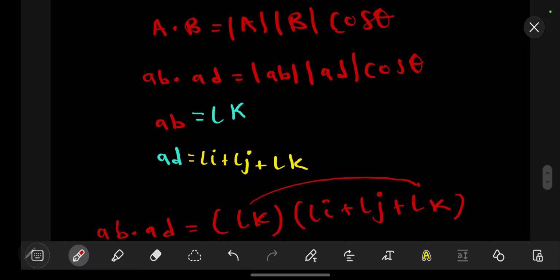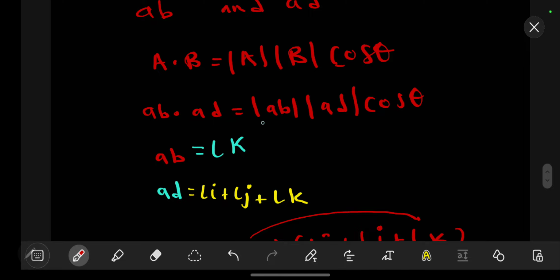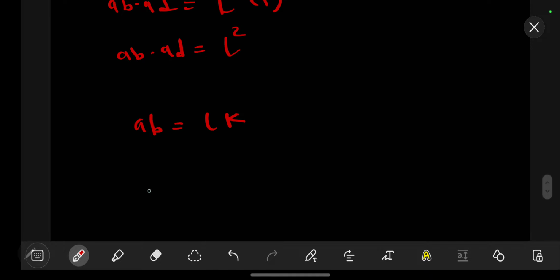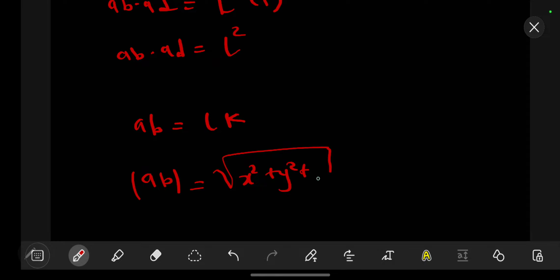Now the other thing that they want us to find is the magnitudes of the two. So the magnitude of AB, we know that our AB is equal to LK. To find the magnitude of AB, we know that the magnitude is given by the square root of x squared plus y squared plus z squared, like that.